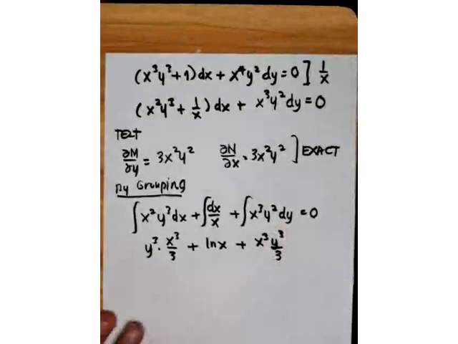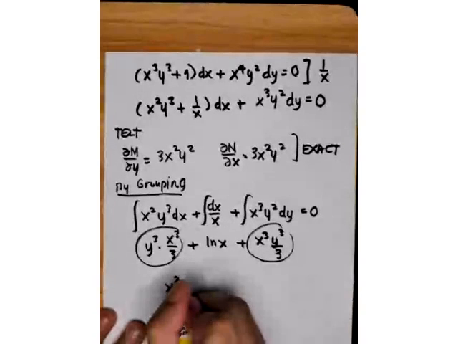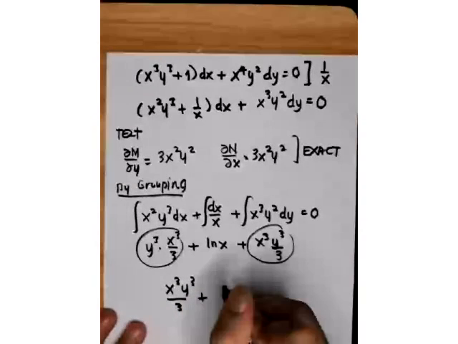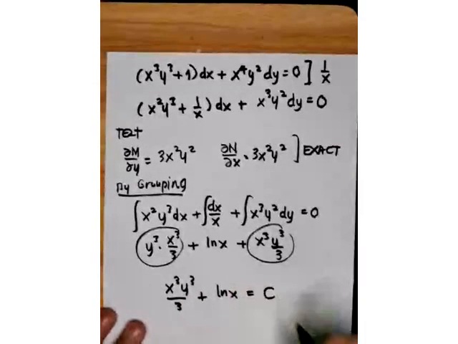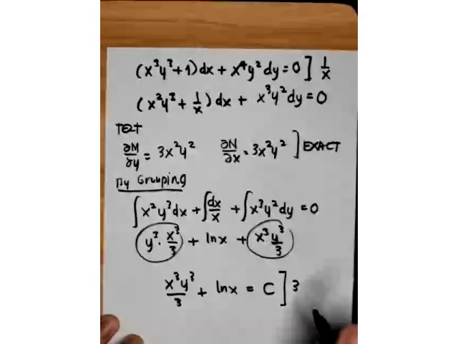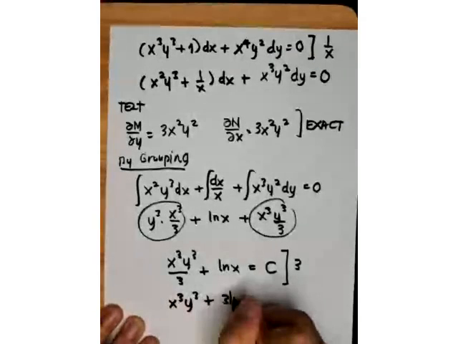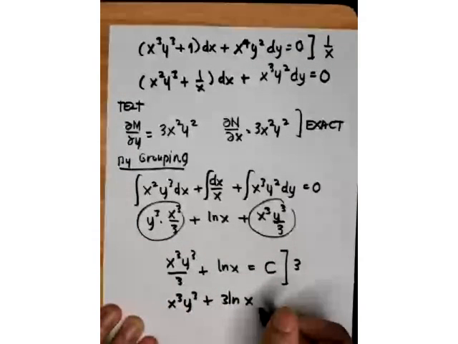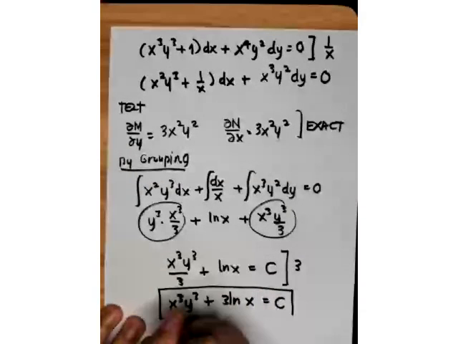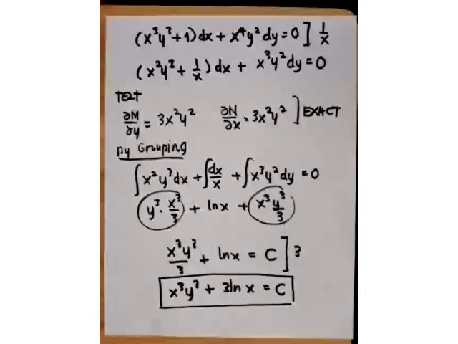Ayan. So ito at saka ito ay equal sila. So we'll just copy x cubed y cubed over 3 plus, siyempre walang kasama yung ln of x, then equate it to c. And then we'll just multiply it by 3. Yeah. So x cubed y cubed plus 3 ln of x is equal to c. So this is our general solution.